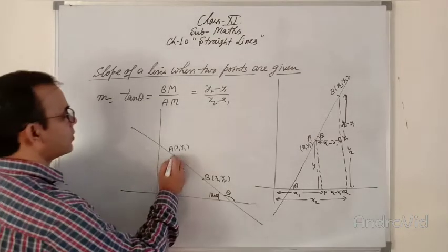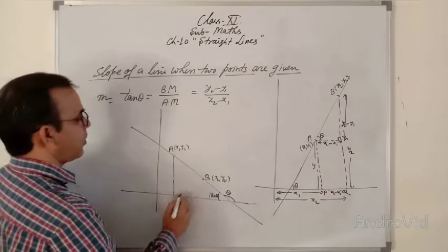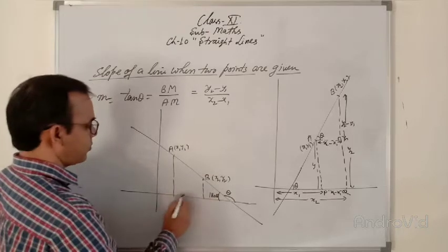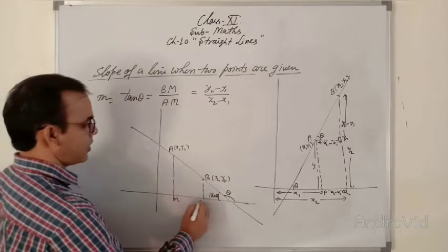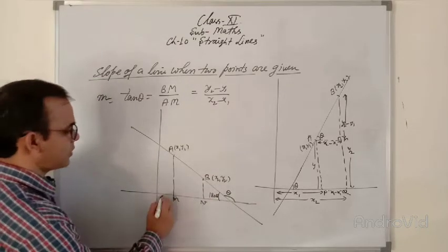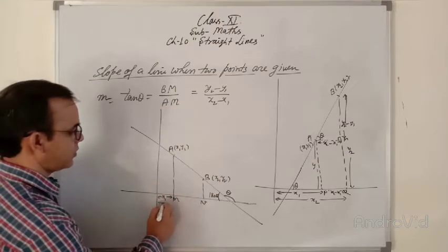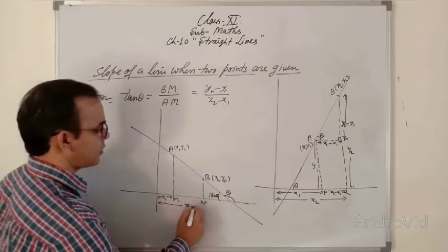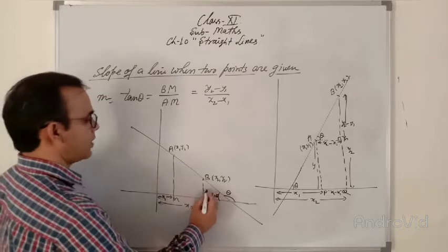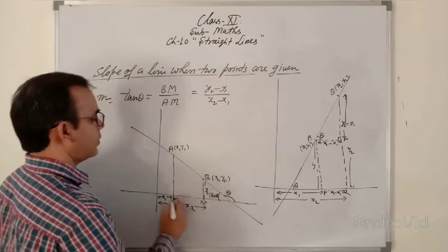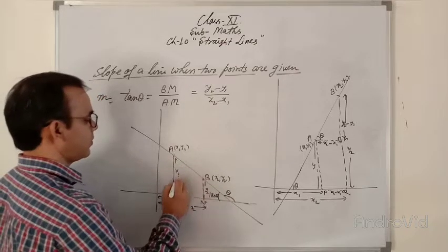Okay, so now this is the point A, this is the point B, so we drop normals and let the points be M and N here. This distance is x1, this distance is x2, this height is y2, this height is y1.